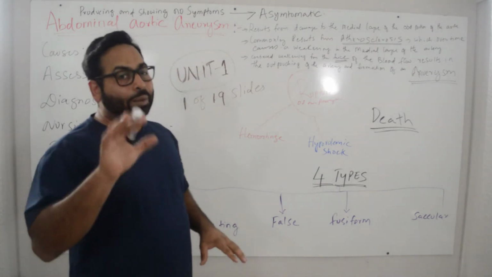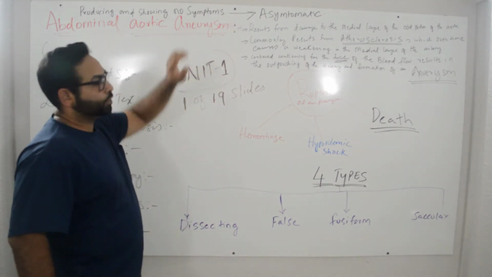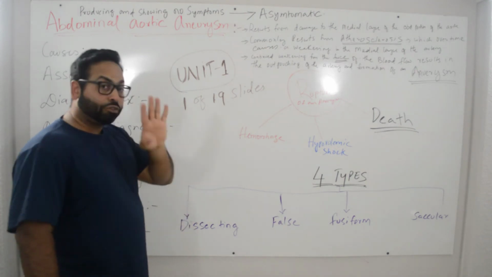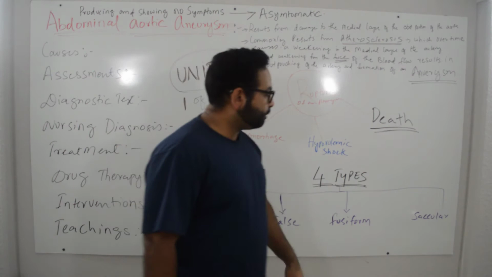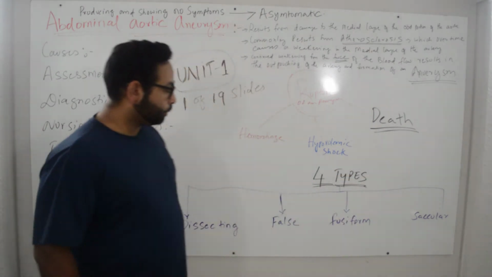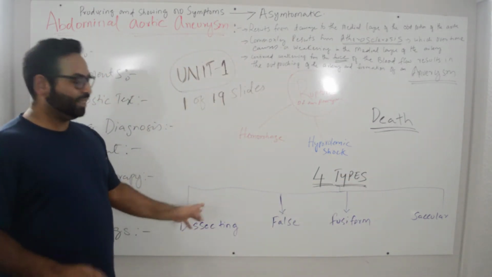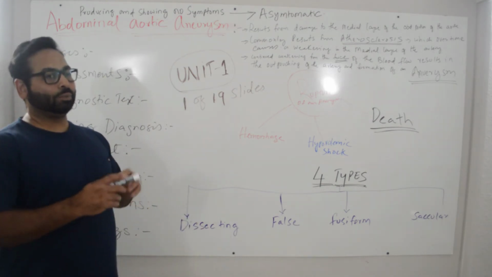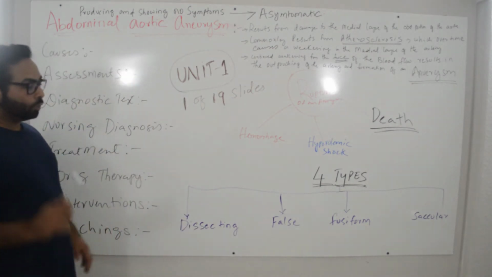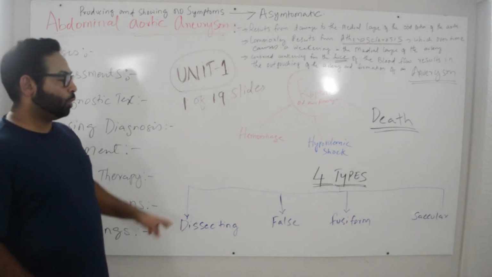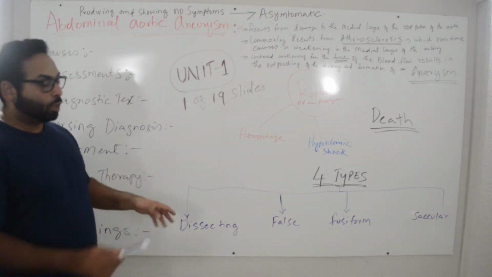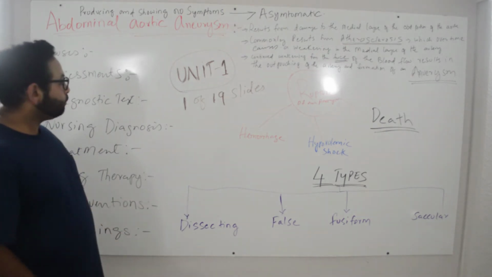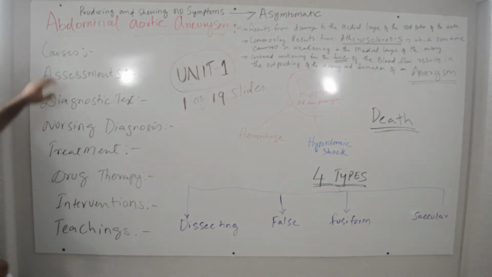There are also types of aneurysms, and there are 4 types: dissecting, false, fusiform, and saccular. I can go in detail, but this video is going to become too long. So I want you to find out what all 4 of these are and how are they different from each other. Okay?